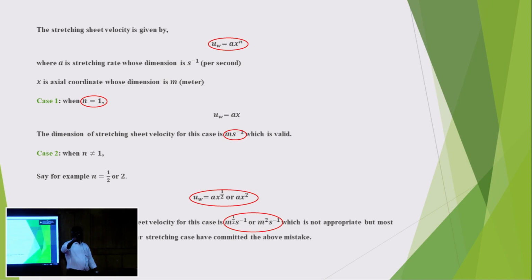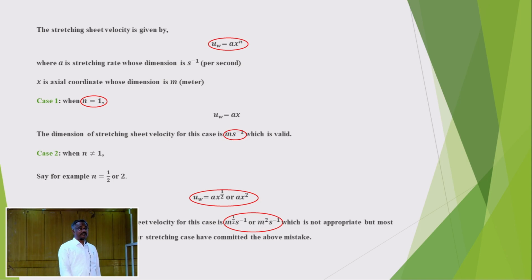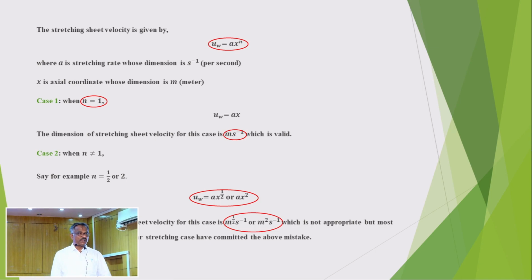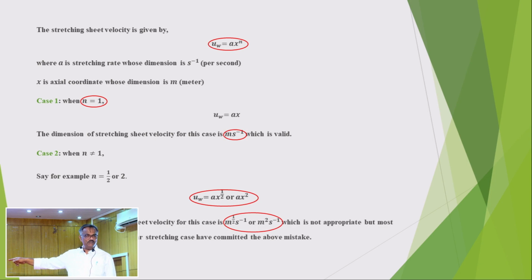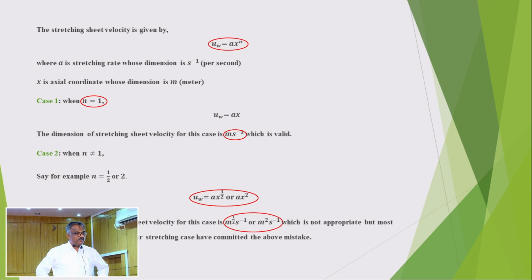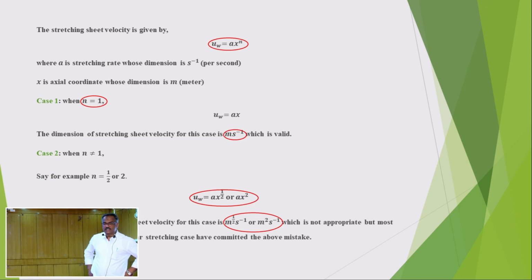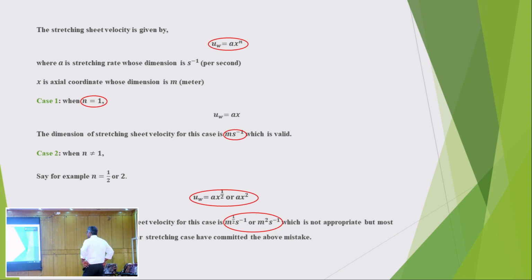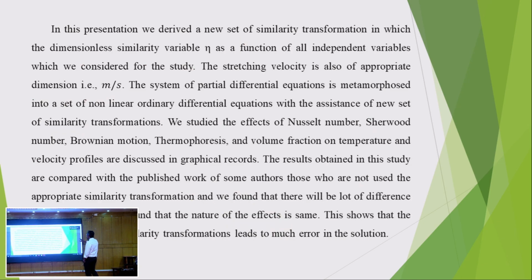Then how are you going to claim it as a stretching velocity? Velocity must be meter per second, but you are getting something different from meter per second. That's why we should take care. Next.